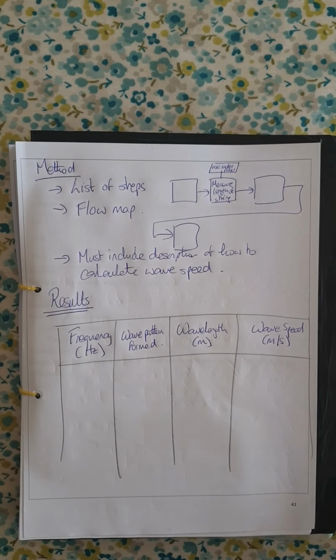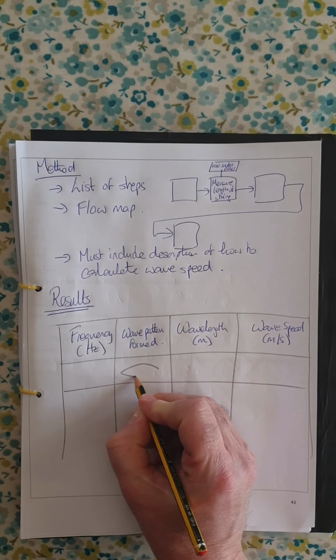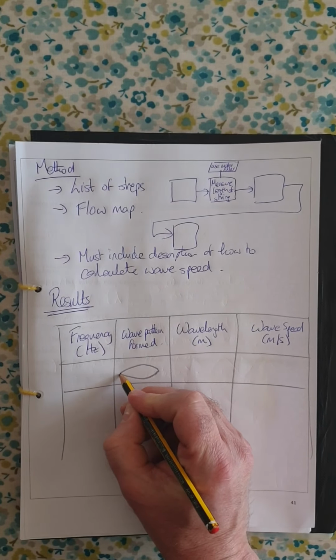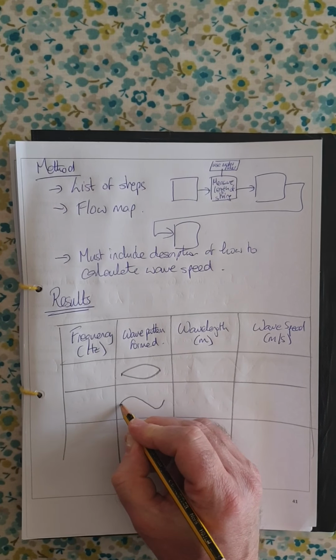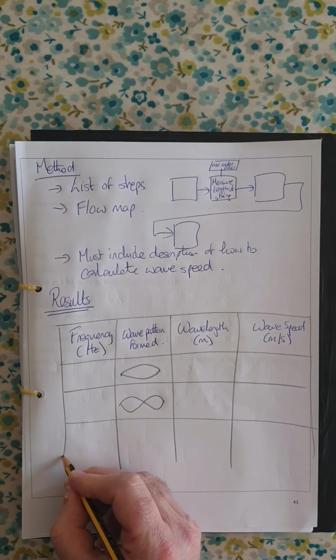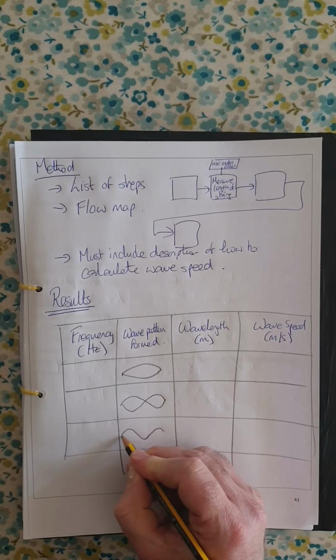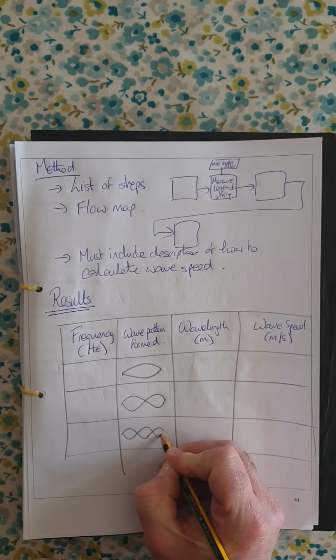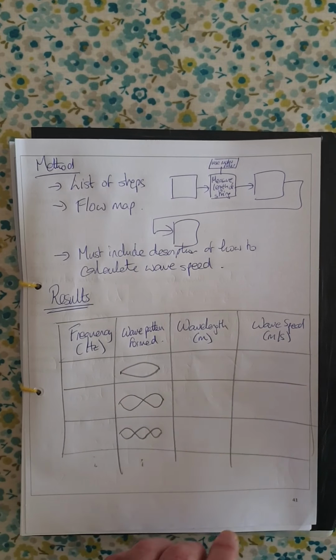So you'll have your first frequency value, and that's the one that produces the wave that looks like this. And then for the second one, it produces the wave that looks like this. And for the third one, the wave that looks like this, and so on, as many of these results as you're able to achieve.